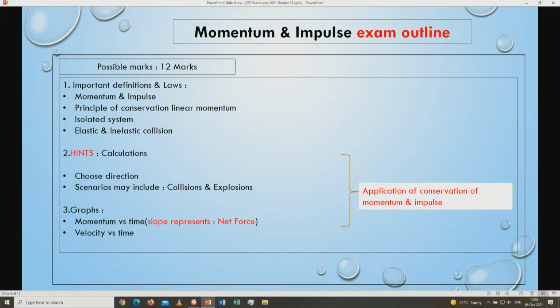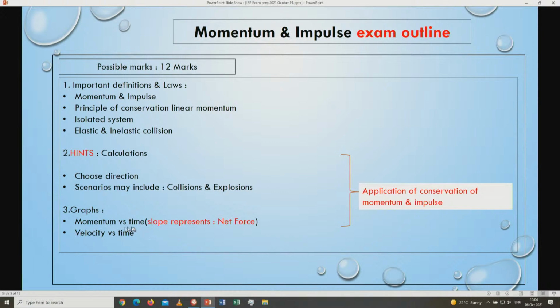We recently learned that graphs can also form part of momentum and impulse. When you look at different terms and definitions in book 1 that was shared, we have a question there that has momentum versus time.